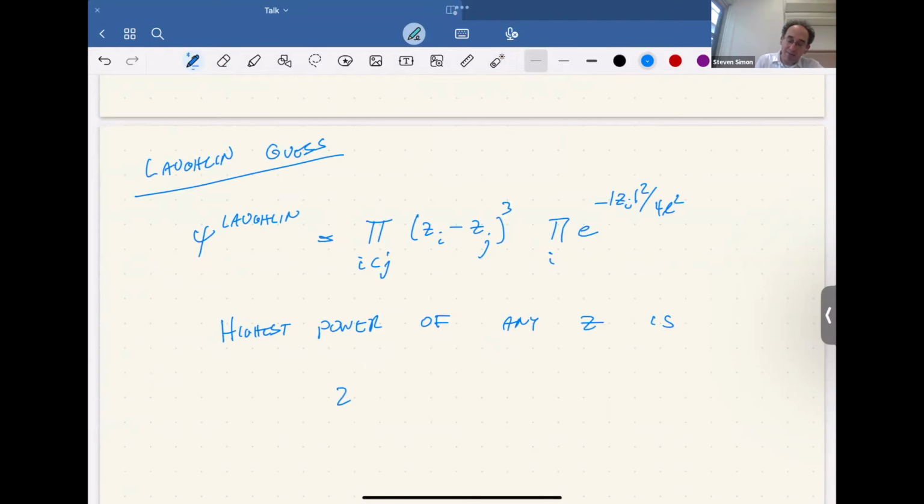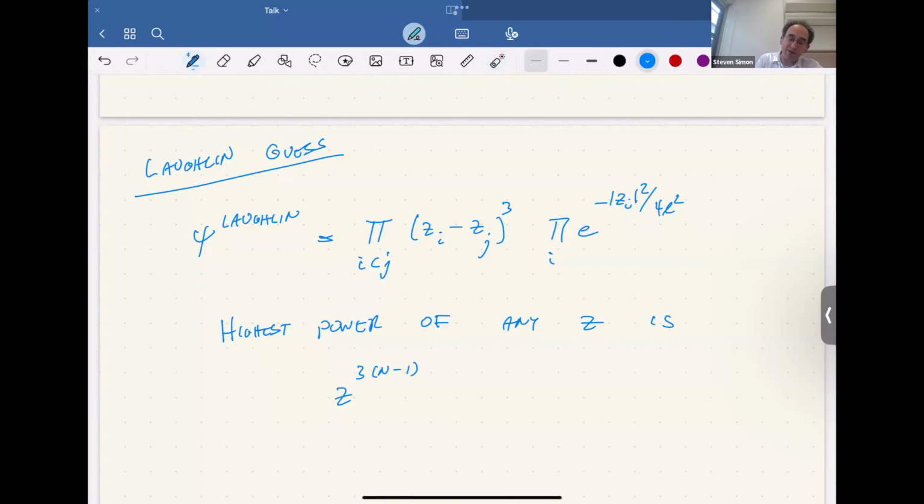Say z1, there's n minus 1 of these factors here, each raised to the power 3.